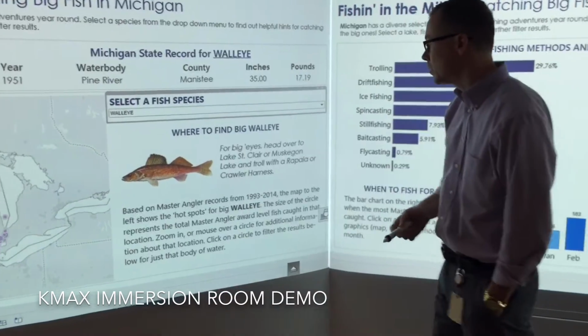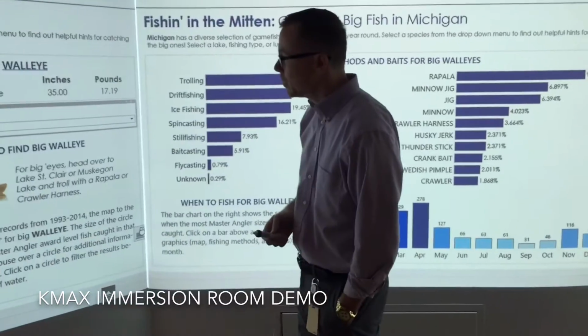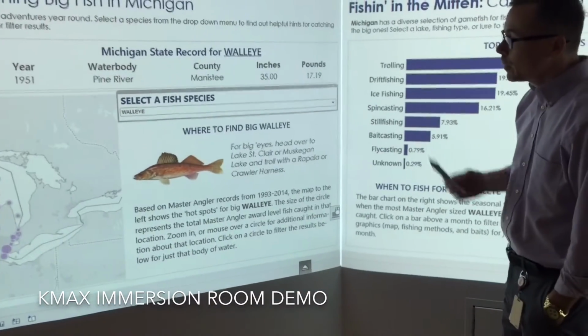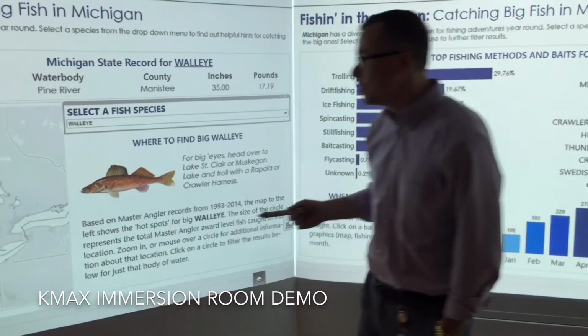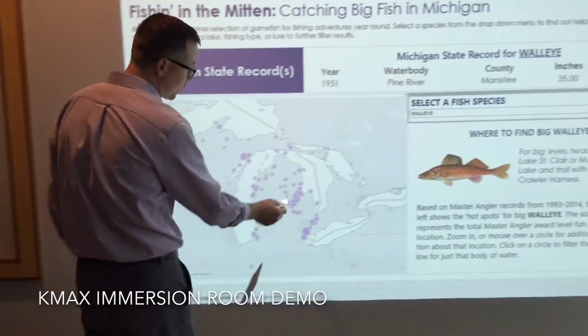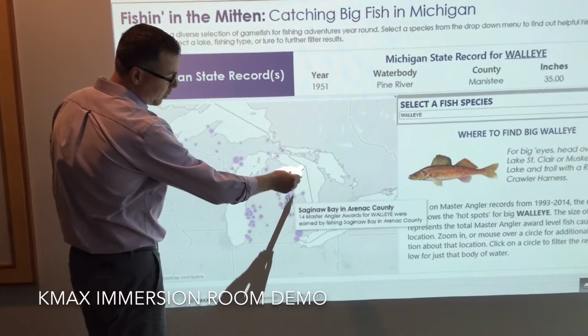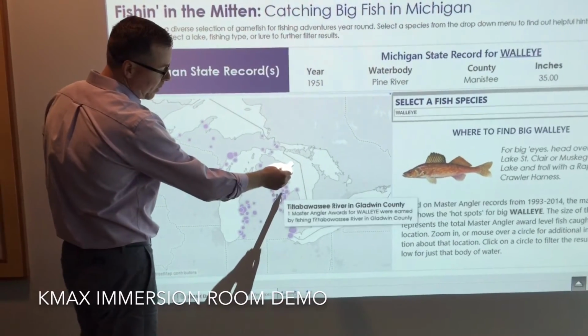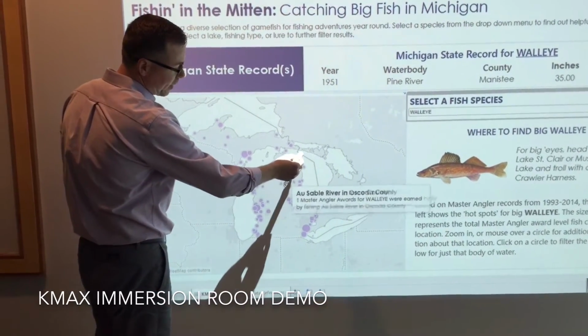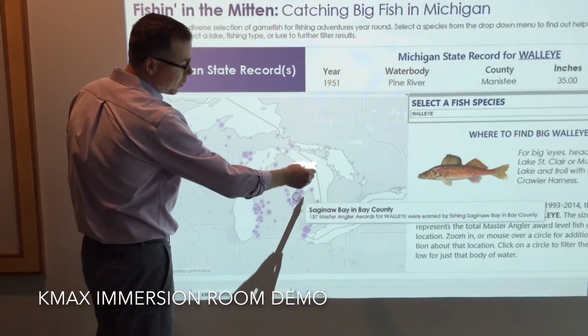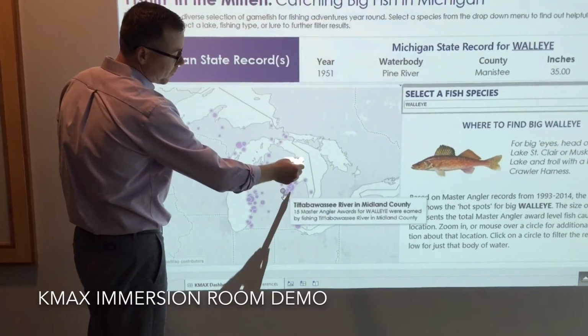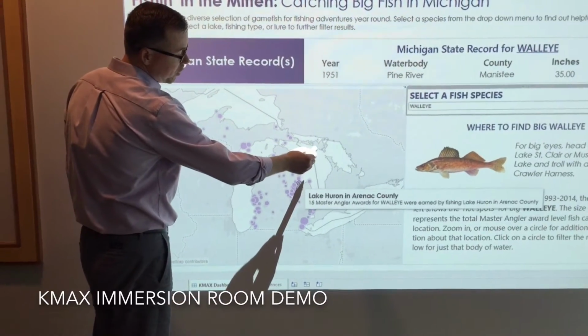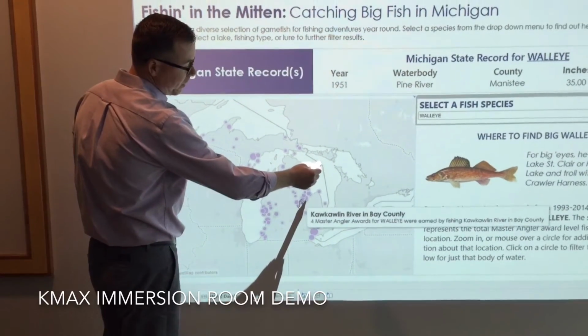In this case, we selected walleye and everything updated on this visualization. We also had to be aware of the tooltips, the mouse overs, as we select, for example, different lakes to see how many master anglers they had for those locations. We had to make sure the tooltips used a large enough font that people could see them.